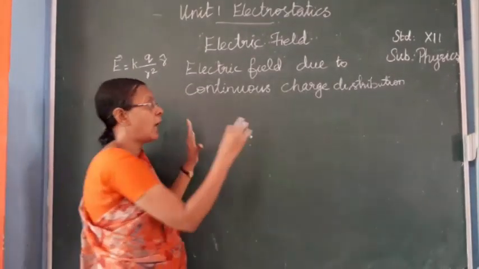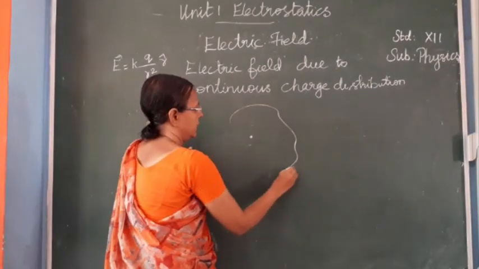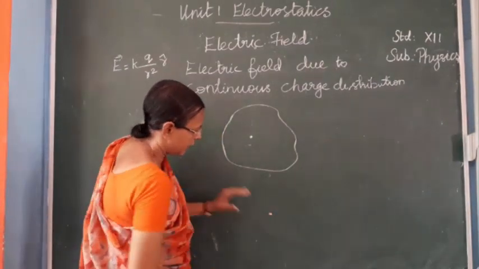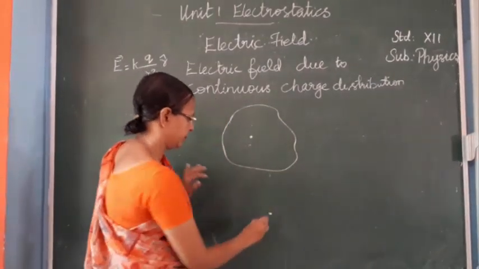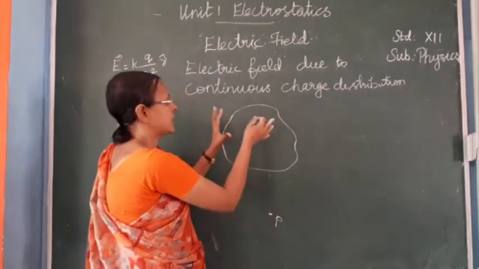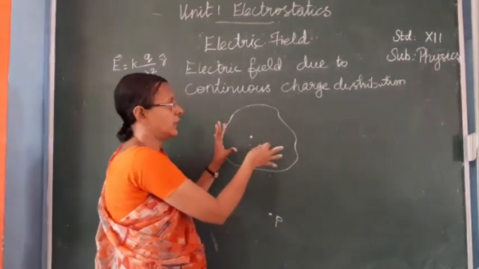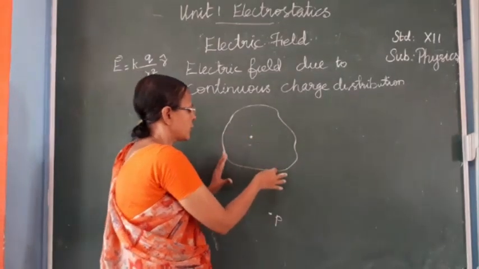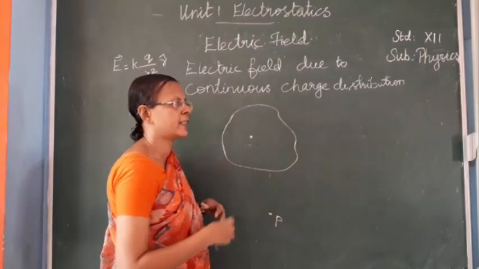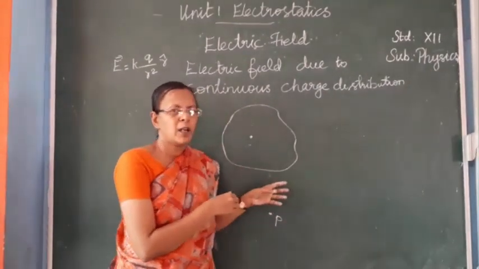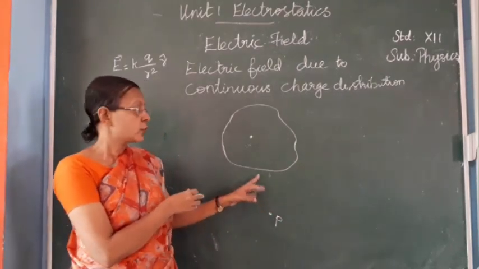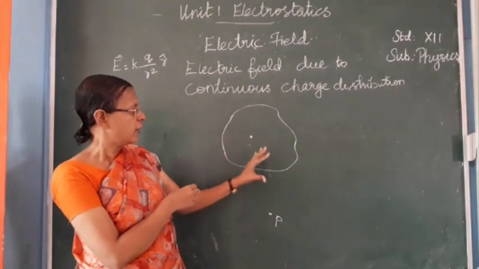So here we have a system of charge, and we consider a nearby point P. Because of the continuous charge distribution, how much field is this point P experiencing?